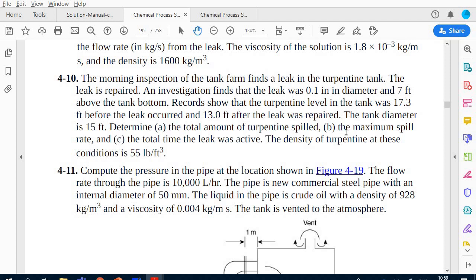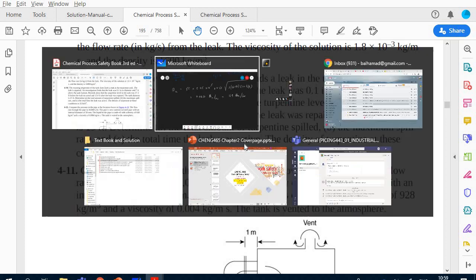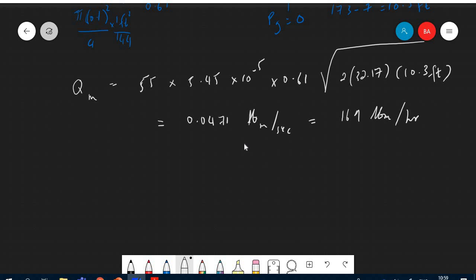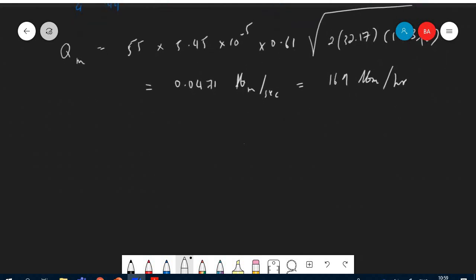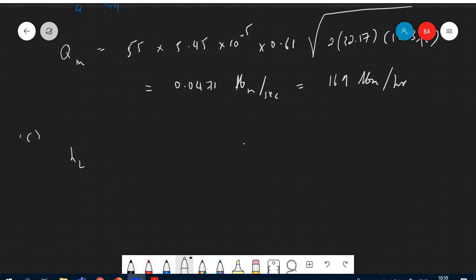So I have the total amount spilled, I have the maximum spill rate, and what about the total time the leak was active? We already have TE, the time for the whole thing to leave the system. But actually there could be an easier way of calculating this. So I could consider the equation for the time. I don't know if you recall the equation where we had the HL. This is part C, by the way.